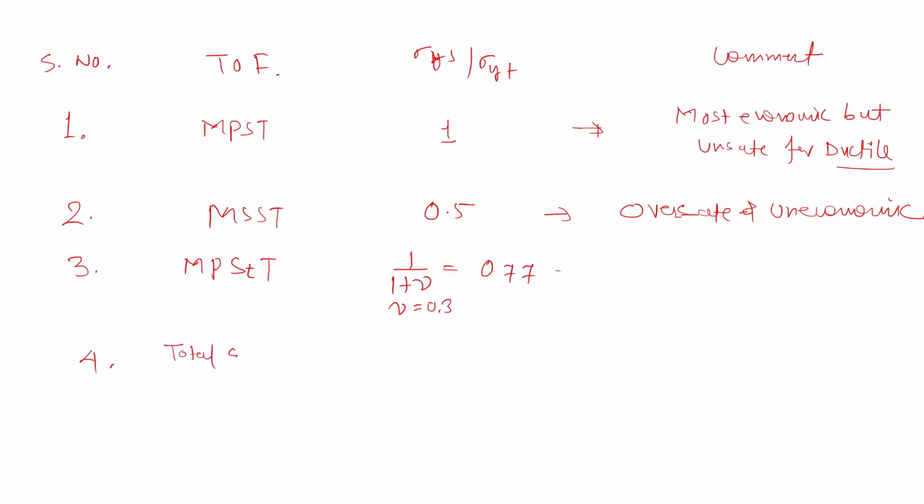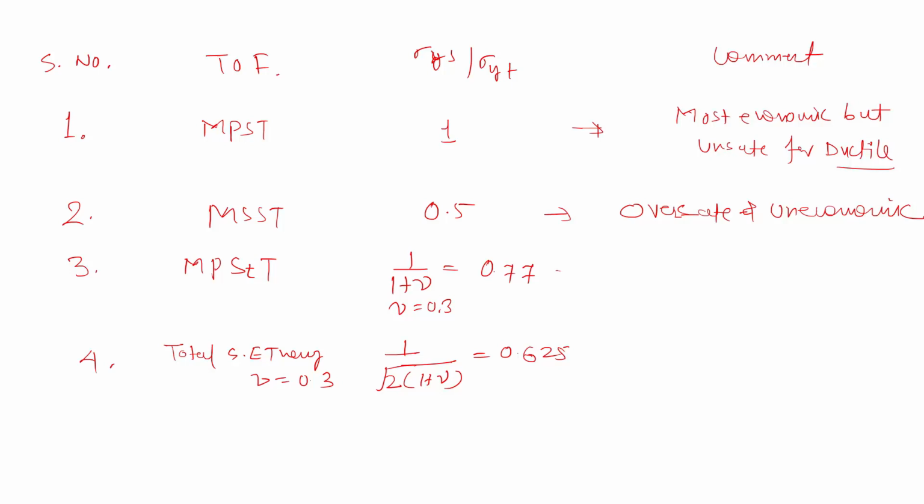For this it was 1 over under root 2 times 1 plus mu, and for mu equals 0.3 this ratio was 0.625. Otherwise we have to remember these formulas, because in the exam they will directly ask you the ratio of these two, or if they give the Poisson's ratio, then according to that we can do our calculation. So if we remember this, that would be beneficial.